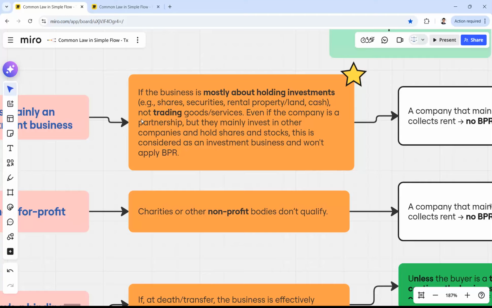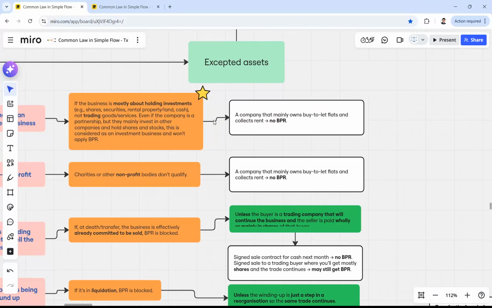Even if the company is a partnership, but they mainly invest in other companies and hold shares and stocks, this is considered an investment business and won't qualify for BPR. So we don't say all partnerships will work. No, if the main purpose of the business is to invest in other companies, to work with shares, work with cash, then it's not a trading business, it's an investment business.